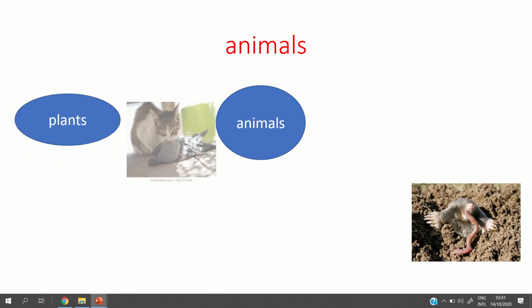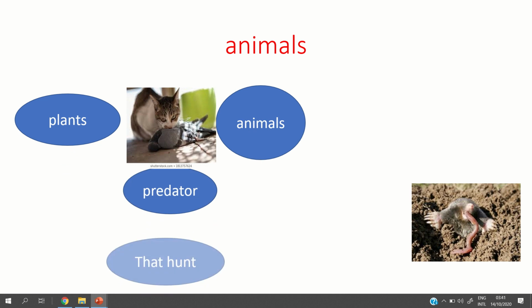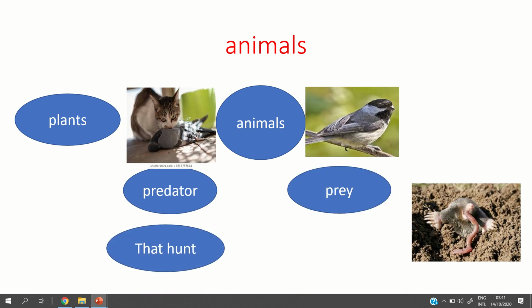And also in the food chain, when animals want to get food, number one, they can eat the plants. The animals can eat the plants. And also the animals can eat other animals. When an animal hunts other animals, it is the predator. And when an animal is hunted by other animals, it's called prey.